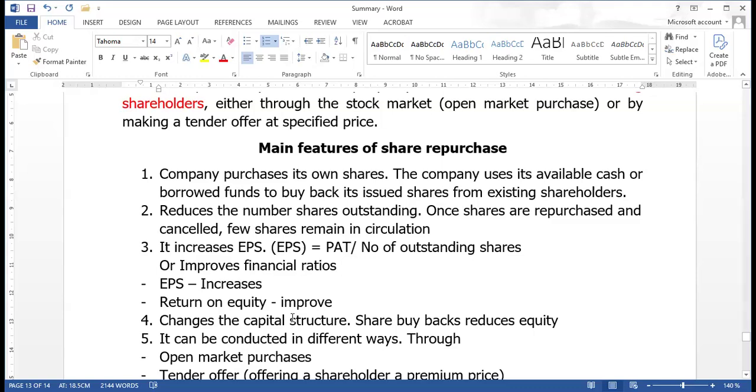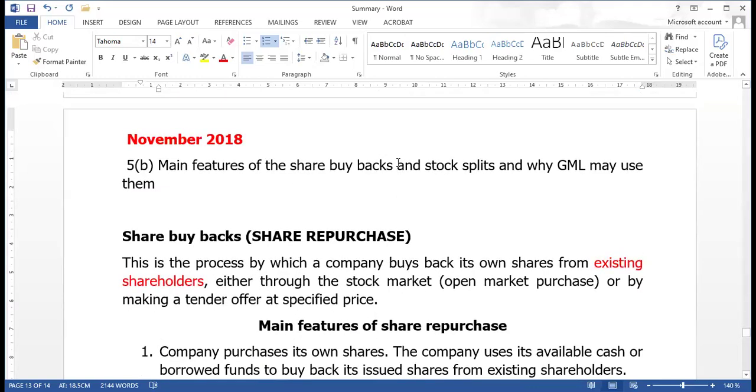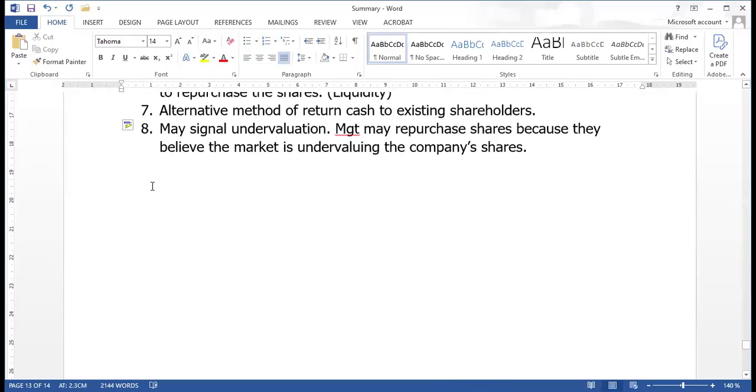Okay, so the question is, why do you think the entity may use share repurchase? Why do you think this entity called the GML may use share buybacks? So now here, why? You are answering the demerits.